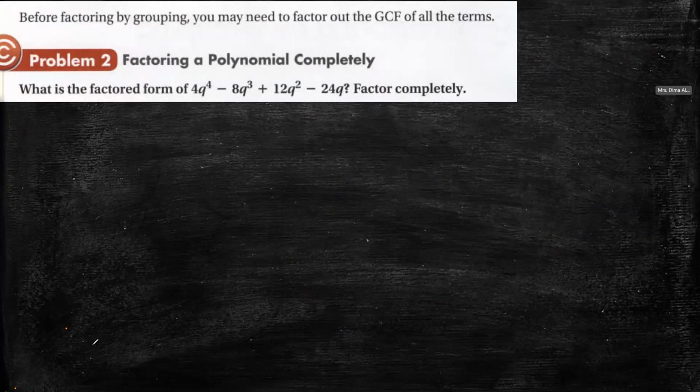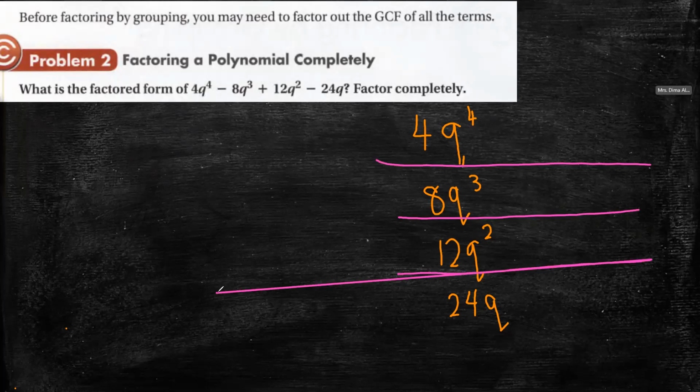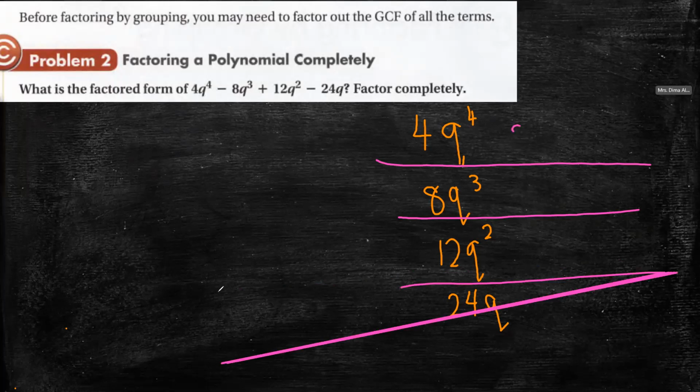So the first step, let's find the greatest common factor of all of the terms, of all monomials. Let's write them like this: 4q raised to the power 4, 8q cubic, 12q squared, and 24q. This is the first step. The second step now: it is 2 times 2 times q, q, q, q.